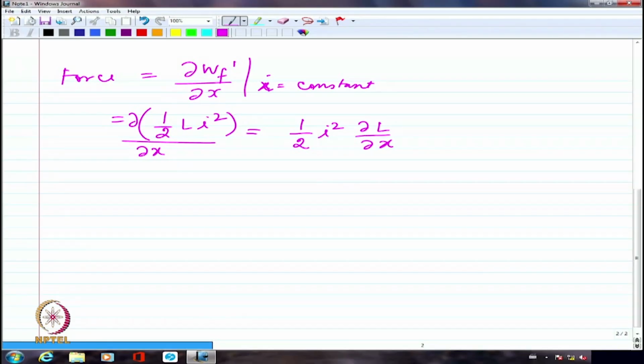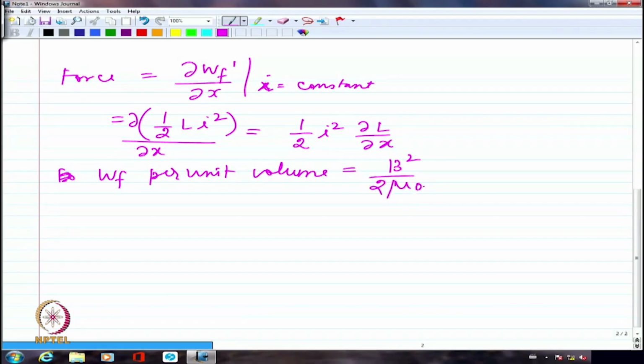So if you recall what we had done earlier for Wf per unit volume, we had done this as B square by 2 mu naught. We are basically talking about a similar system to what we had conceived earlier.